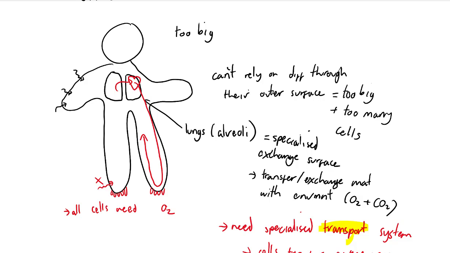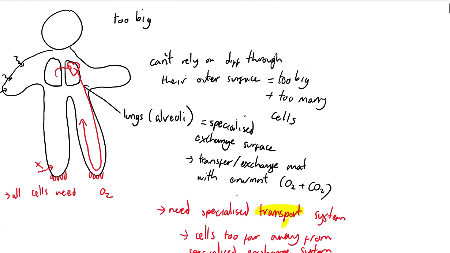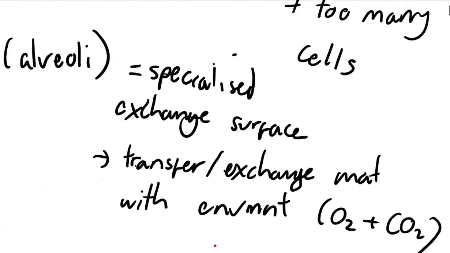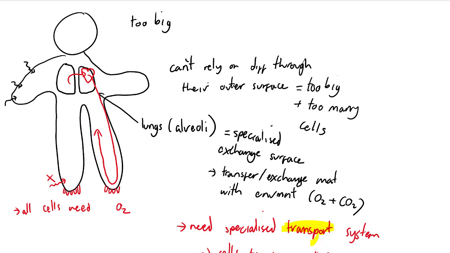So if you want to be big, you have to have a specialized exchange surface, and that allows you to exchange substances with your external environment, and it will be highly specialized to be very good at its job. So it will be highly specialized to try and get as much oxygen in as it can and get rid of the carbon dioxide.